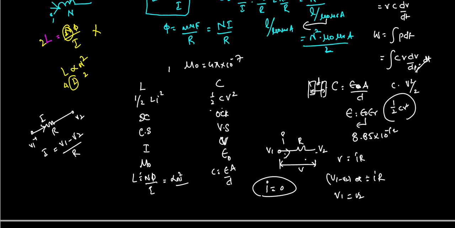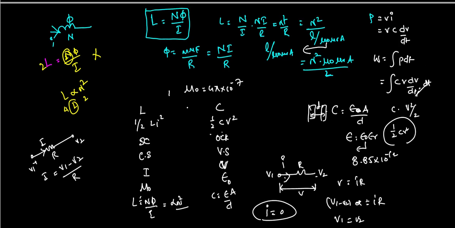Whenever current through the resistance equals zero, the two node voltages will be equal. This will be seen in another topic. So these are the formulas for inductance and capacitance.